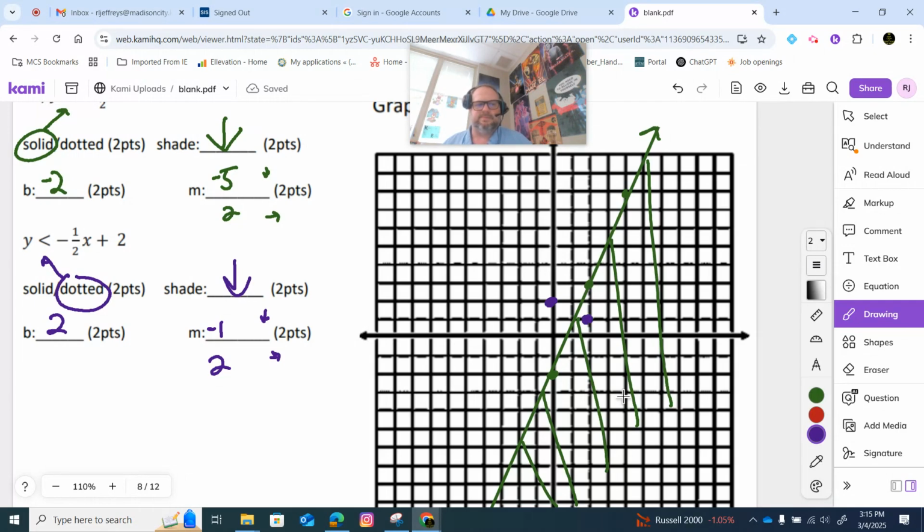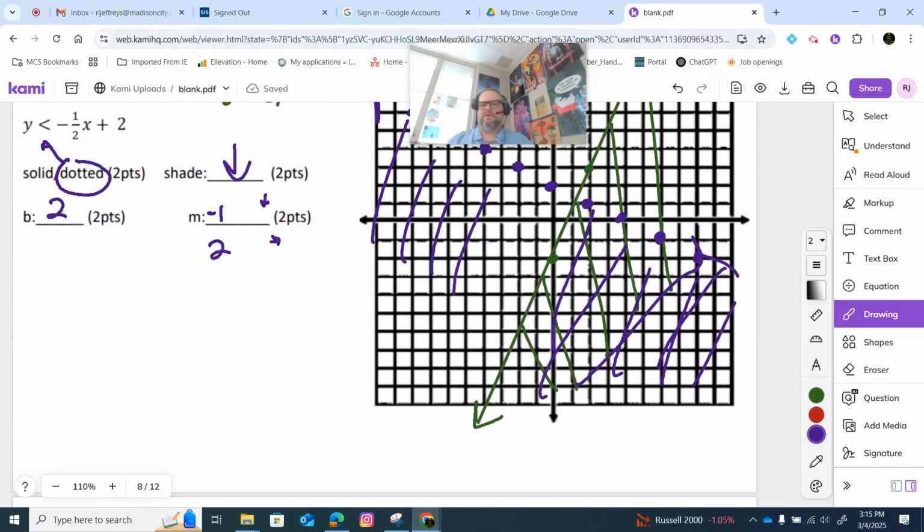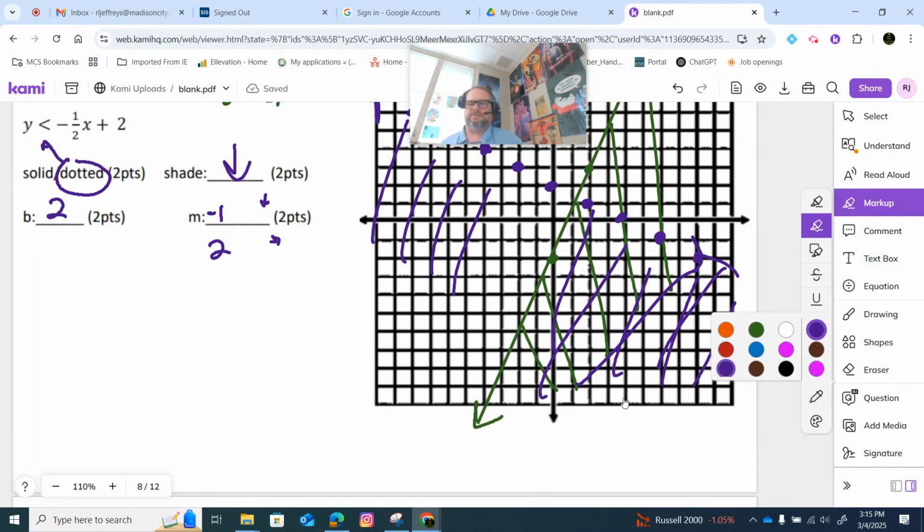All right. And shading down. All right. This is the area where they're going to overlap, so that's what I want to make darker.